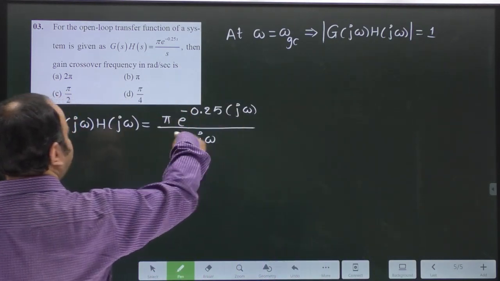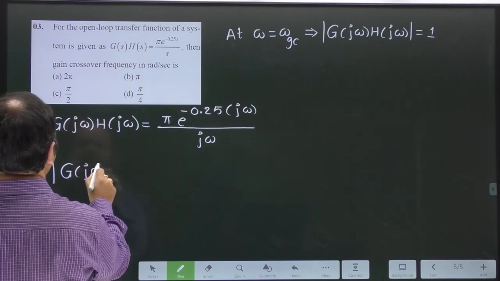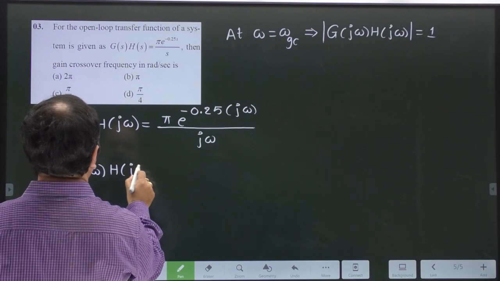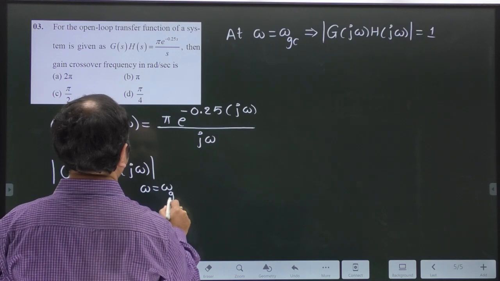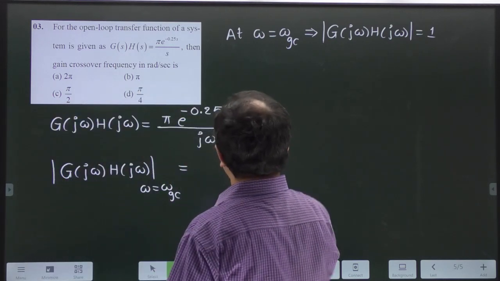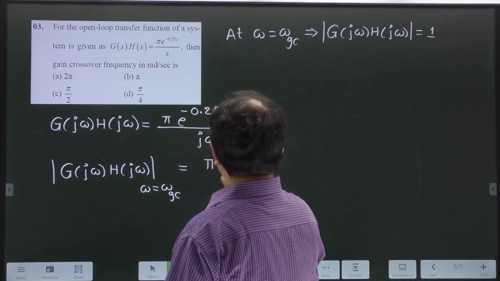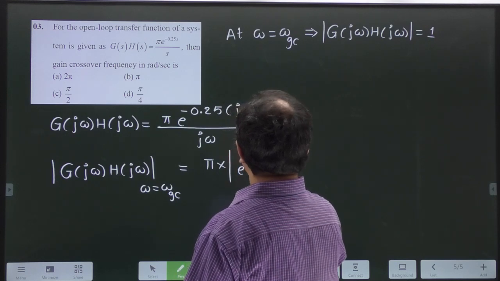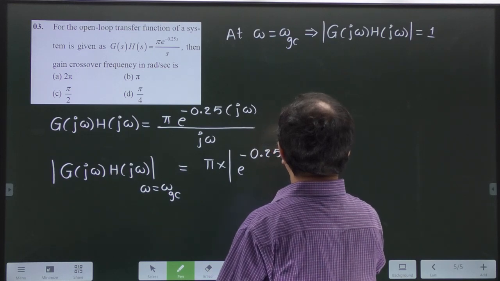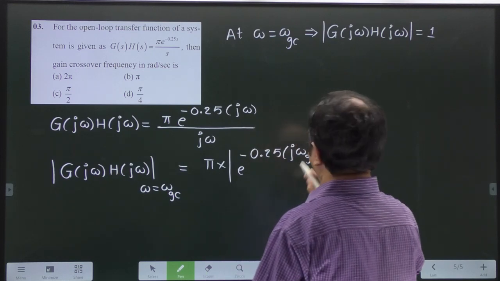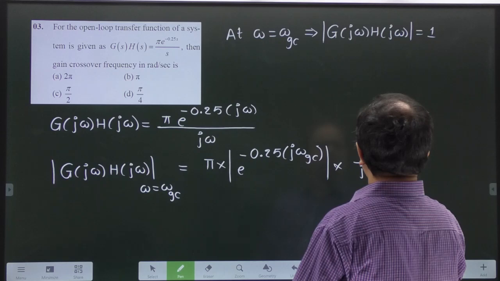Now let us define the magnitude of this transfer function at the gain crossover frequency. Replace omega with omega gc: pi into the magnitude of e power minus 0.25 j omega gc into 1 by j omega gc.